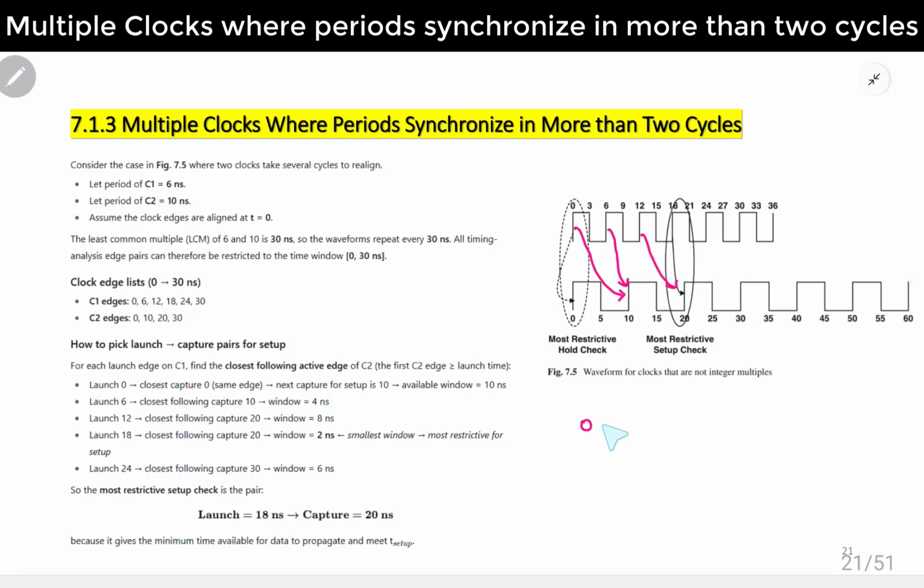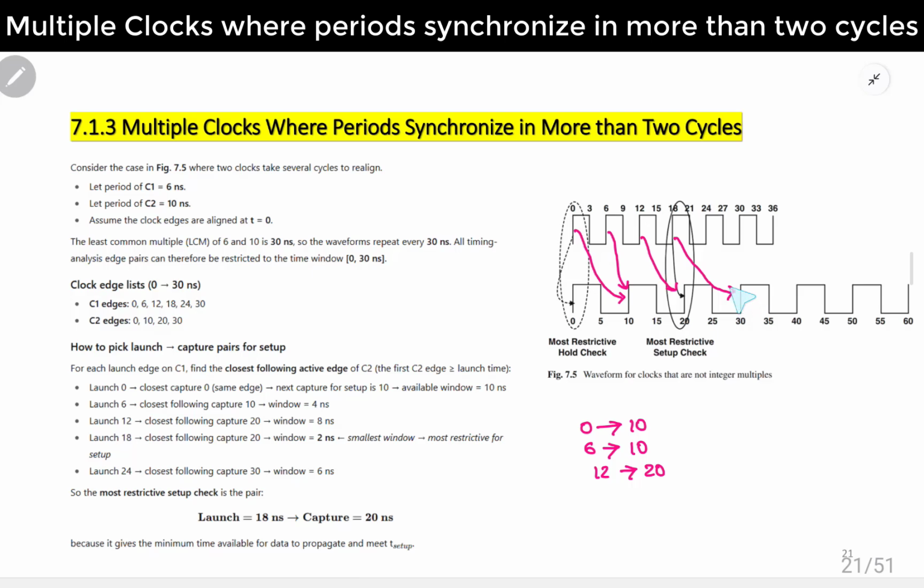Let me write here parallelly: 0, 10, 6, 10, 12, 20, and one more is 18, 30 you can take, or else you can take 18, 20 also. Next you can go for 24 and 30. We need to check the minimum within the time period of 30 nanoseconds.